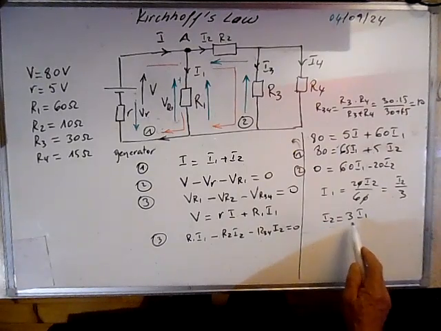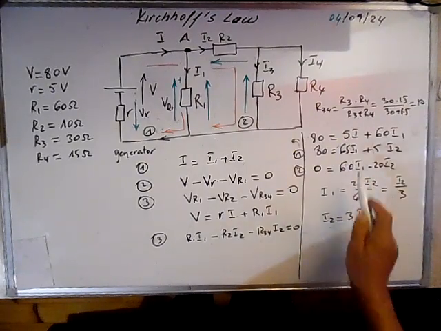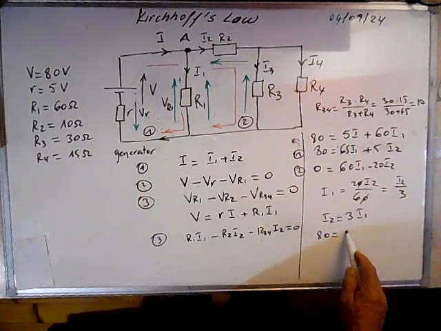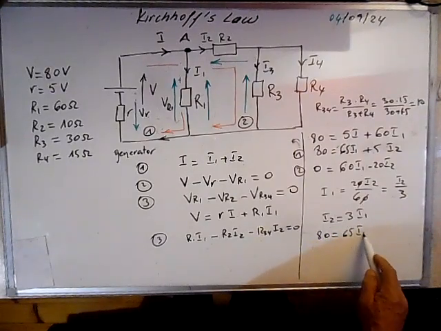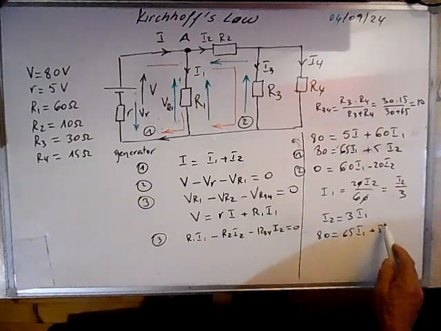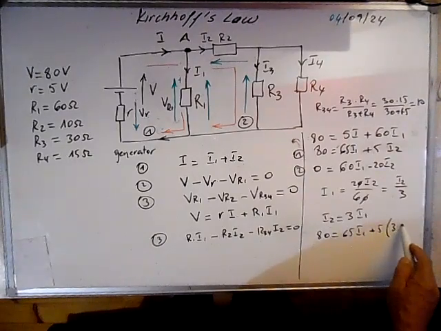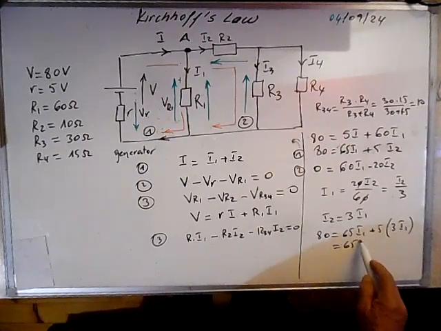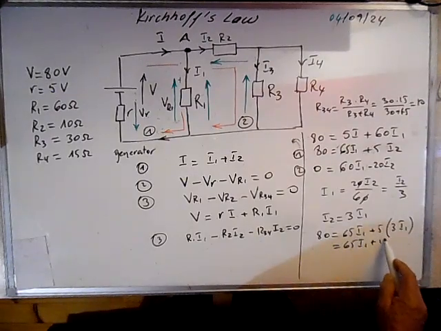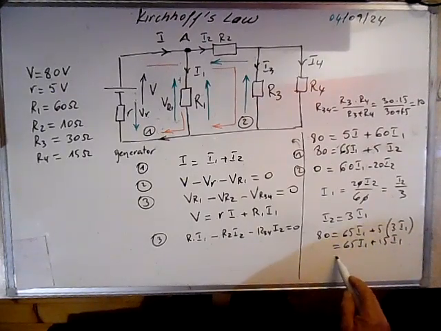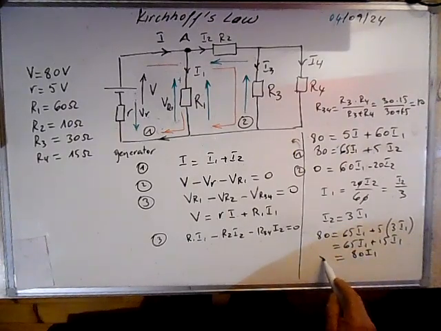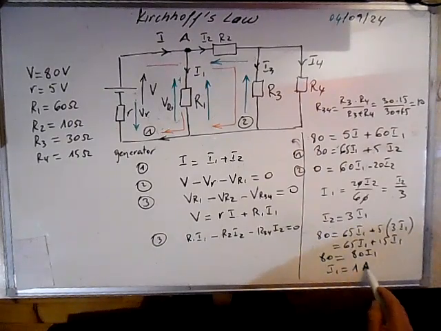If we take this I2 and put it in this equation, we have 80 is equal to 65 I1 plus 5 I2, which is equal to 3 I1. So 65 I1 plus 15 I1. This is 80 I1 is equal to 80, so I1 is equal to 1 amp.